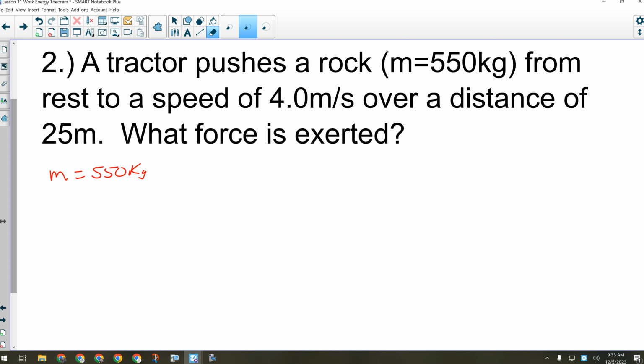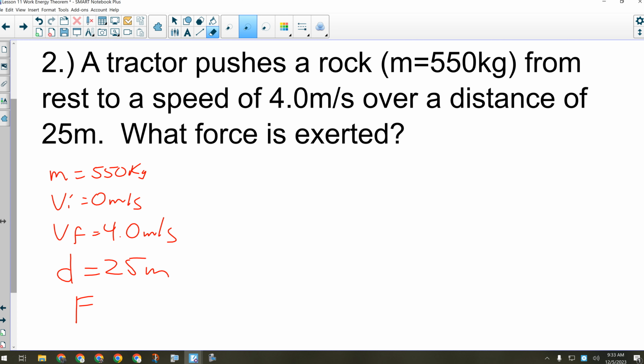From rest, what does that tell me? 0. To a speed of 4 meters per second, so that must be VF, over a distance of 25 meters. What's the force exerted? So those are my givens.